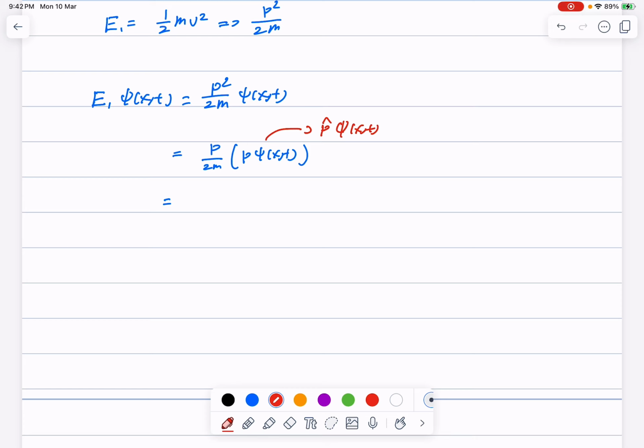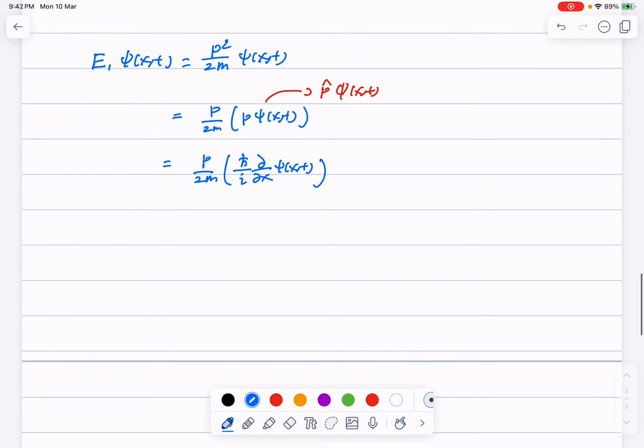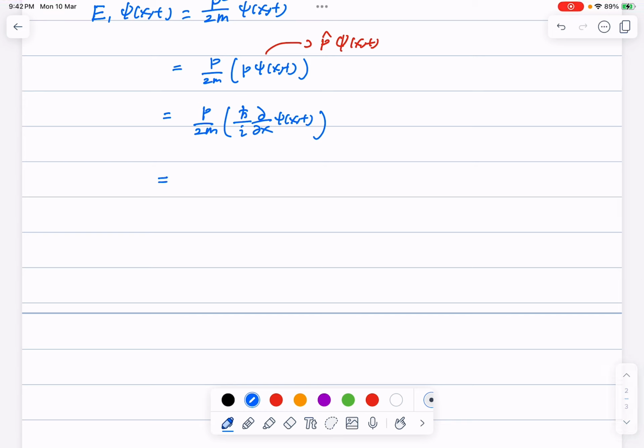And we could make this an operator because we could also do this: h bar over i with respect to x, applied to psi of x and t as p over 2m. We can, because this p could also be applied to all of this.